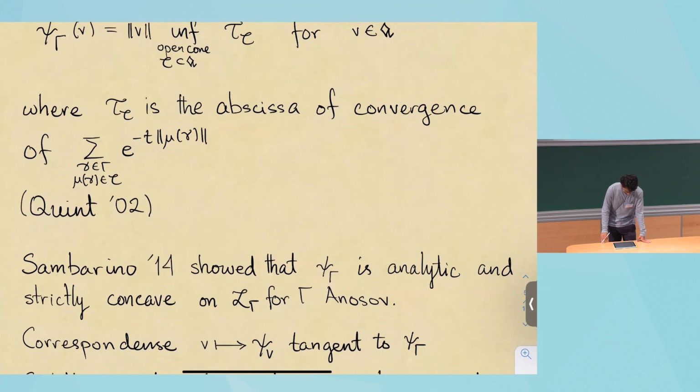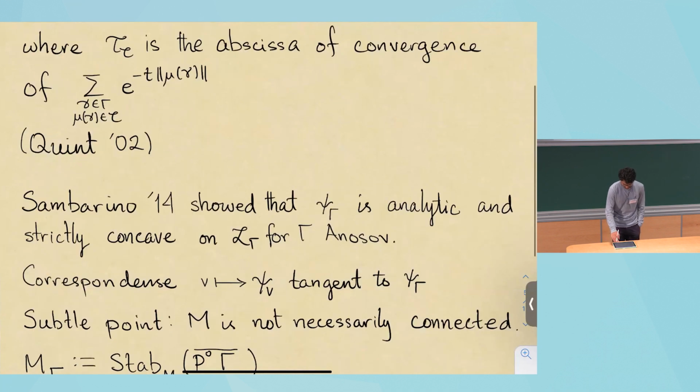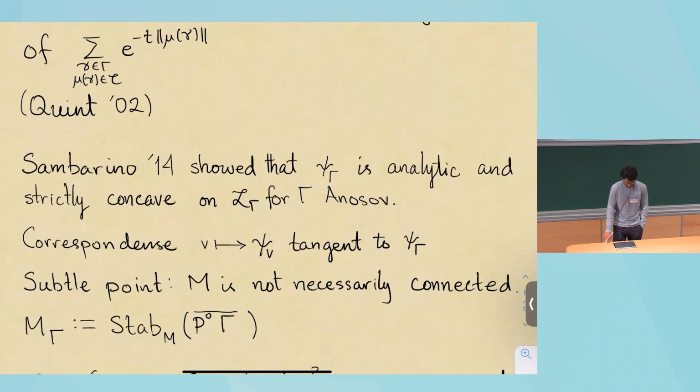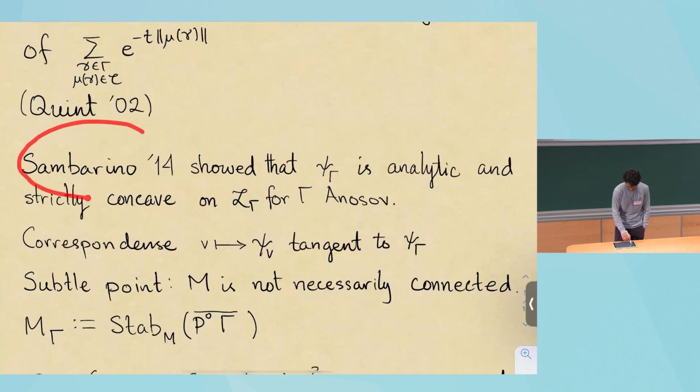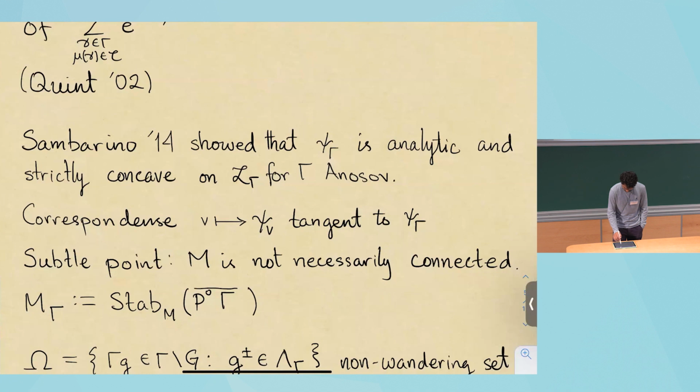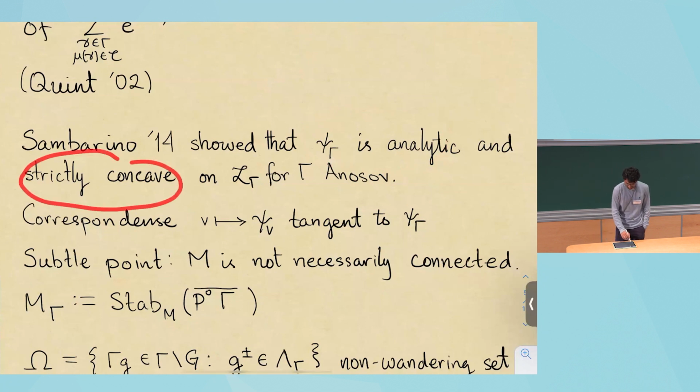And when gamma is Anosov, then we have some more properties. This is due to Sambarino. In the Anosov case, we also know that this growth indicator function is analytic and strictly concave.